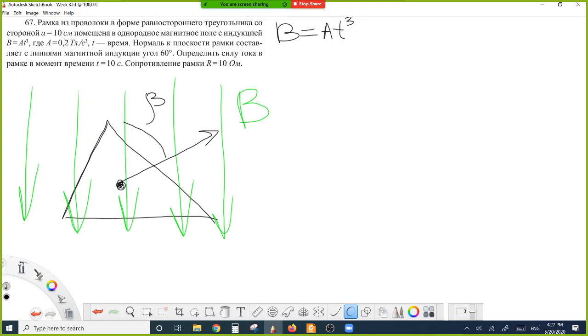So a is constant 0.2. The side of a triangle is a. So first of all, we need to find the expression for the current with respect to time, and then we need to find the current at the instant of time when t is equal to 10.